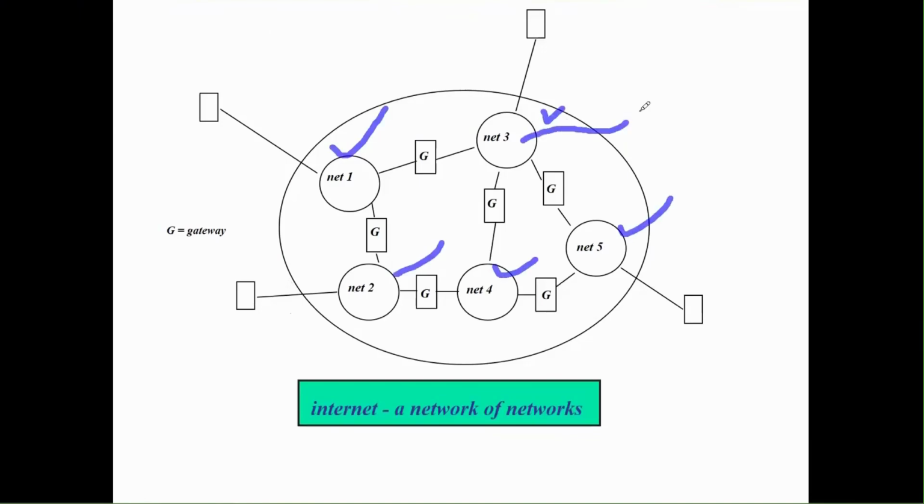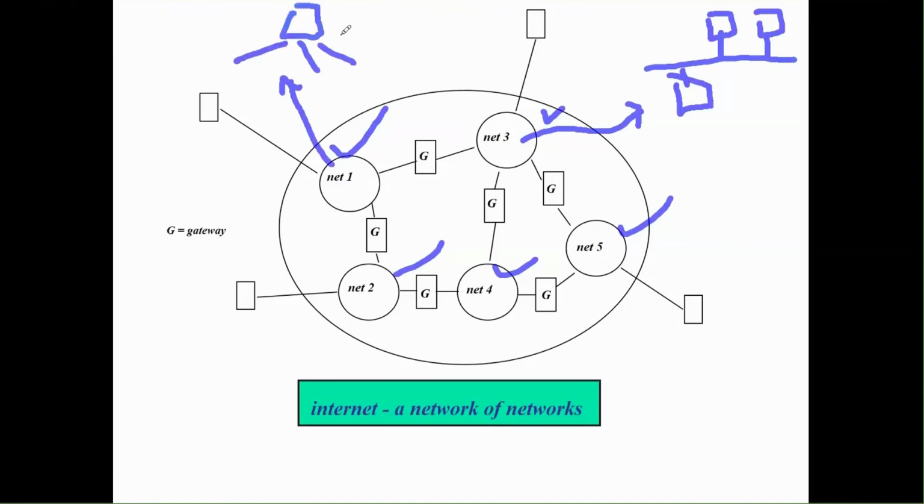If you zoom into them, you will see this is kind of like, it could be a bus network. Okay, this could be, for example, a Wi-Fi network, as you could see. So all these are networks connected to each other, forming a very big network of networks.